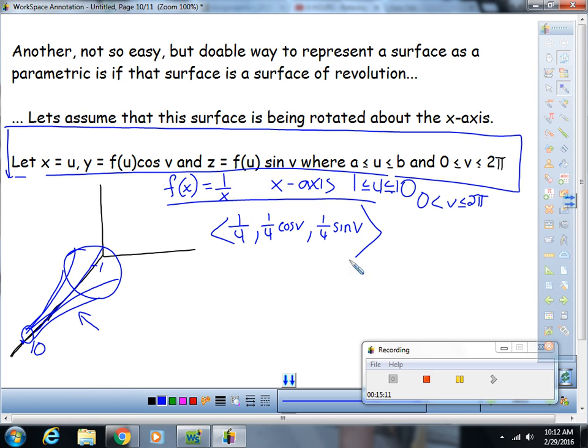And you should take the time to plug these in as your bounds and plot that parametric surface on an algebra system like a CAD program, and you will indeed get Gabriel's Horn. And hopefully you believe that that's true, because it is. That's how it works. So that's the end of the part 1 video.